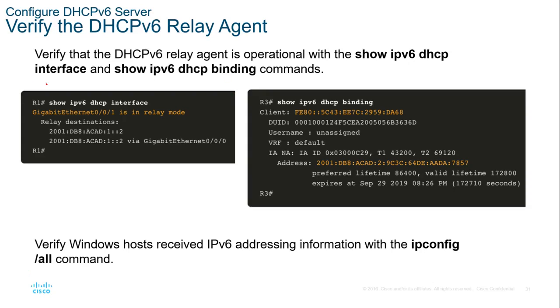This is show ipv6 dhcp interface. You can see the relay destination is this, via this interface. Then we have the binding, and it's one client so far.